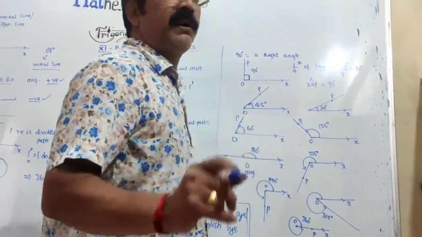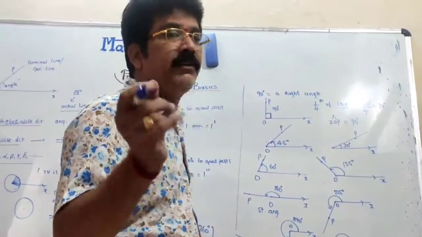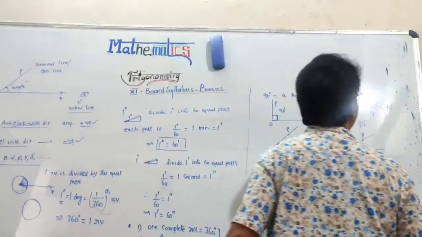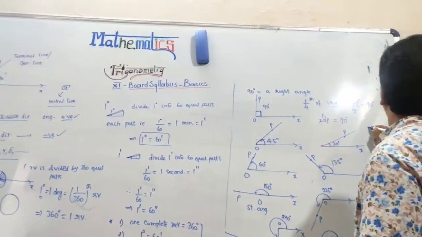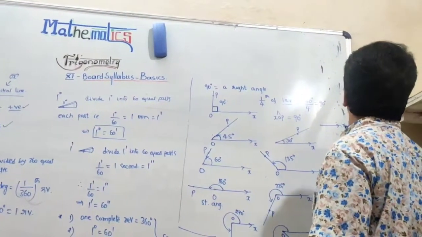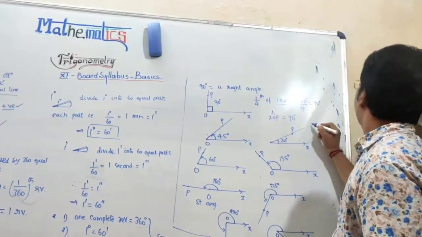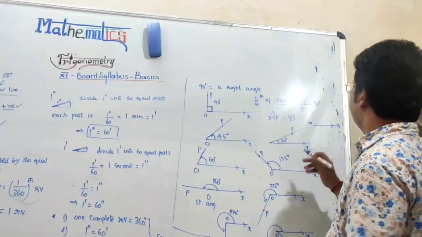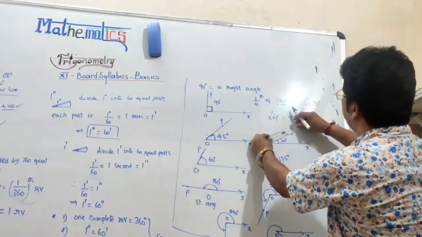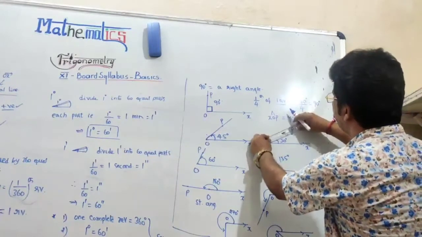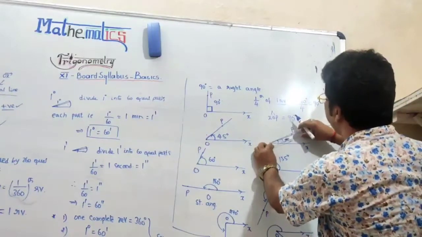Okay. One small doubt. How can we represent negative angles? For example, take minus 30. Minus 30 means that this is x, the initial line. This is origin. So OP is here. In the same rotation, minus means what?